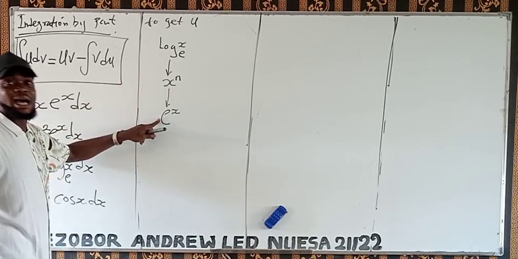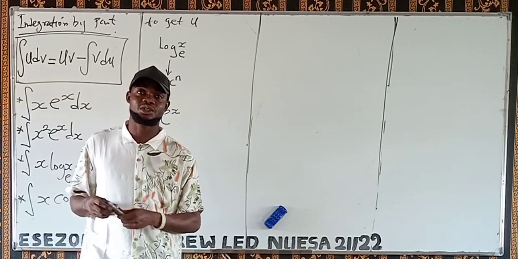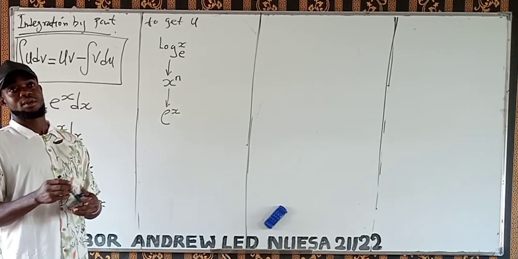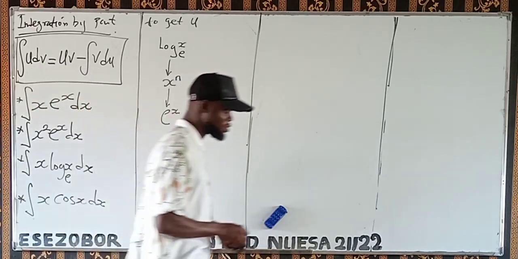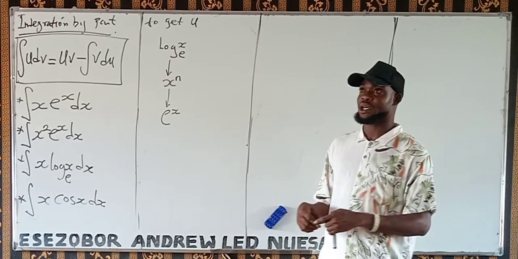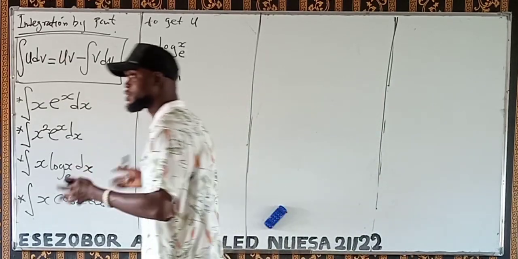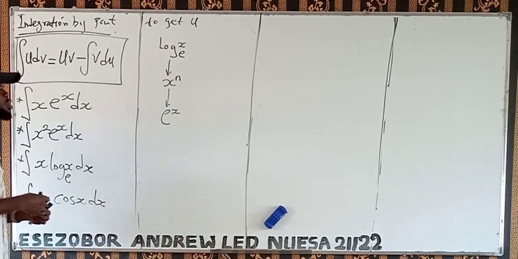If these are not present, it shows that it is not an integration by parts, so you can use another way to solve it. Or you just choose the one you like, but these are the ones you should take as your u.